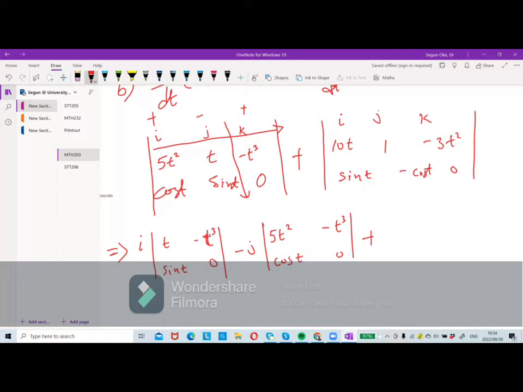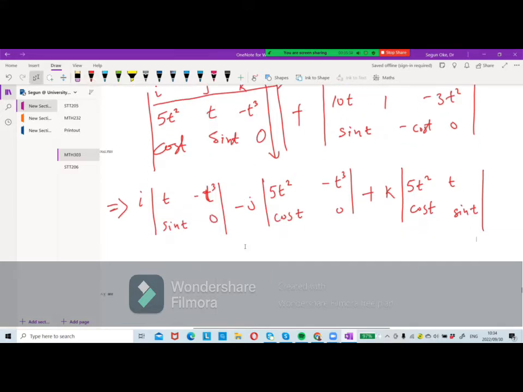Plus k. So the third column will be cancelled and the first row will also be cancelled. You have what? 5t squared, cos t, sine t. So plus, or should we do it one after the other?